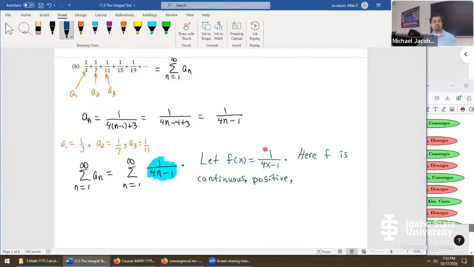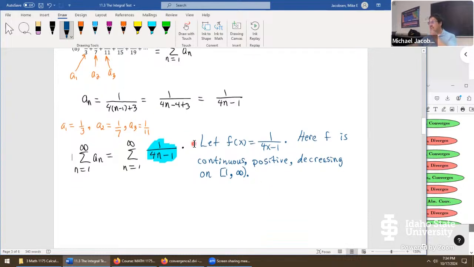And it's certainly decreasing with a constant in the numerator. But to make all of those statements actually correct, we have to give it the domain. We'll say those statements are true on the interval from 1 to infinity. So with this information, we can now use the integral test.